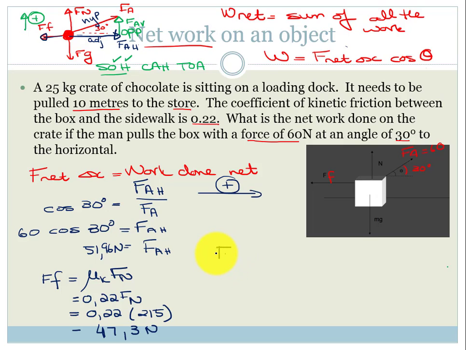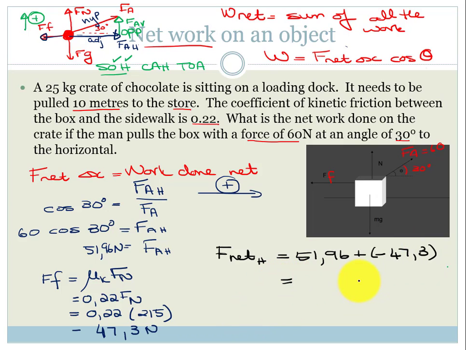So F net horizontal is going to be the sum of all the forces, and because we've chosen this as positive, it is going to be 51.96 plus minus 47.3.